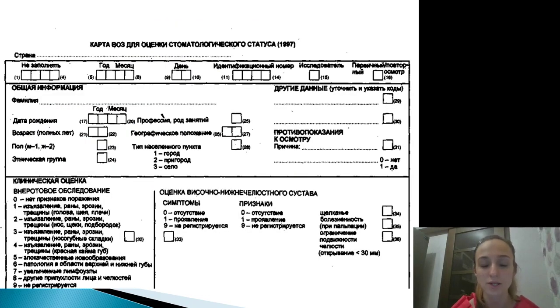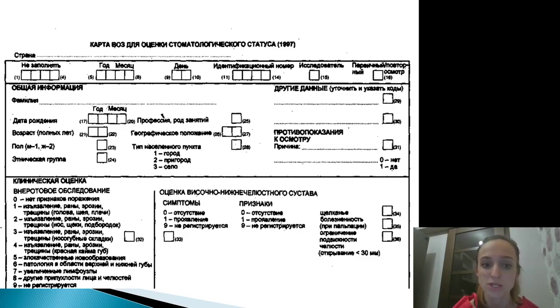It is a card that we use from the World Health Organization. It is all information about the patient, date of birth. Here the doctor should write the name, surname of the patient.